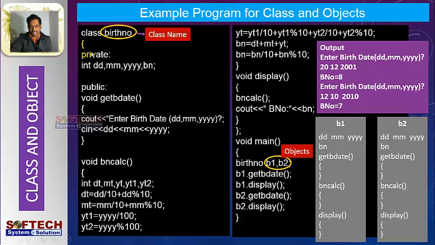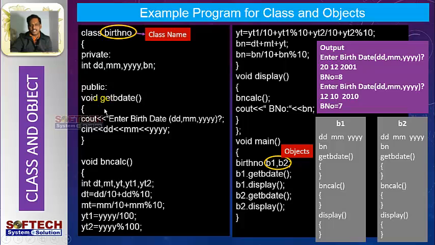So this is the class. Birth number is the class name. From the opening brace to the closing brace after the semicolon is the body of the class. The class birth number consists of 4 data members and 3 function members. The 4 data members are dd, mm, yyyy, bn.